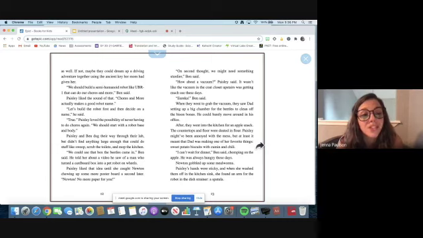Chores and more actually makes a good robot name. Let's build the robot first and then decide on a name, he said. True, Paisley loved the possibility of never having to do chores again. We should start with a robot base and body. Paisley and Ben dug their way through their lab, but didn't find anything large enough that could do stuff like sweep, scrub the toilets, and mop the kitchen.